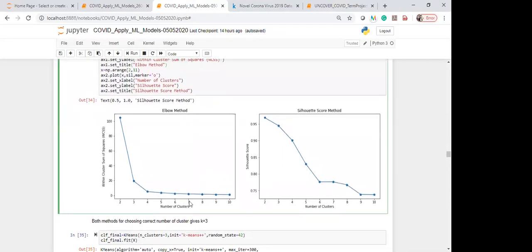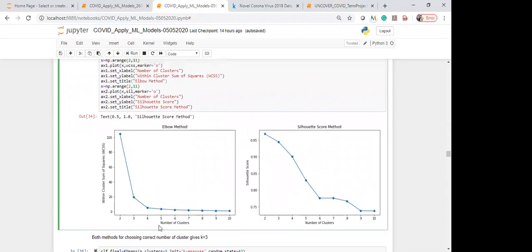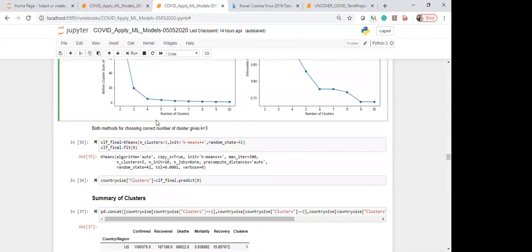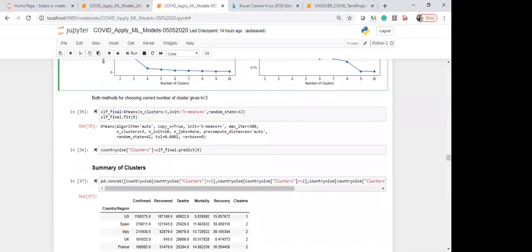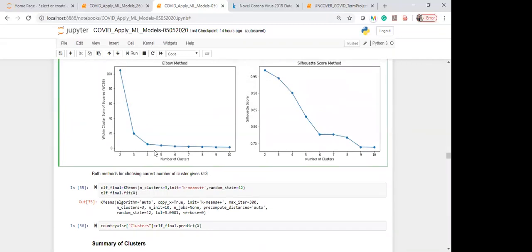I used the elbow and silhouette score methods to get a good number of clusters, and as we can see, 3 or 4. I tried with 4, but that doesn't make much sense.